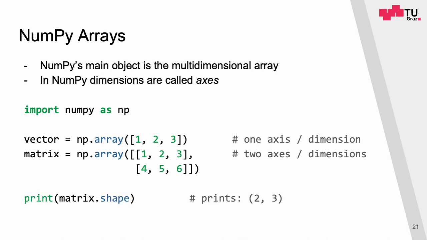And we can, for example, then print out the shape of the NumPy arrays using the .shape property, and in this case it returns a tuple which states that this NumPy array has 2 rows and 3 columns.